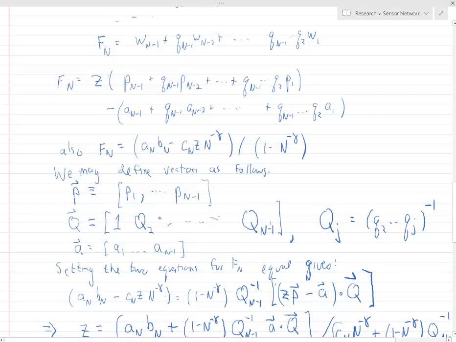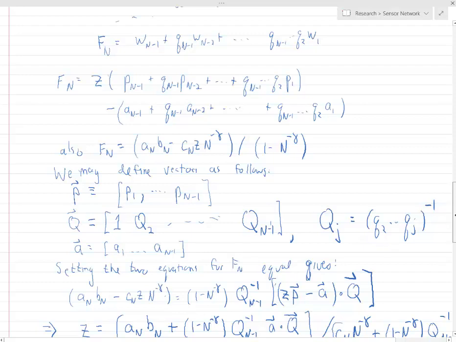Okay, so we have P, I have Q. This A is the information for each node. Then I can replace the unknowns up here with these unknowns. These here. This ZP times Q is the same as this. This minus A times Q is the same as this. So this is a simpler way of writing this long expression.